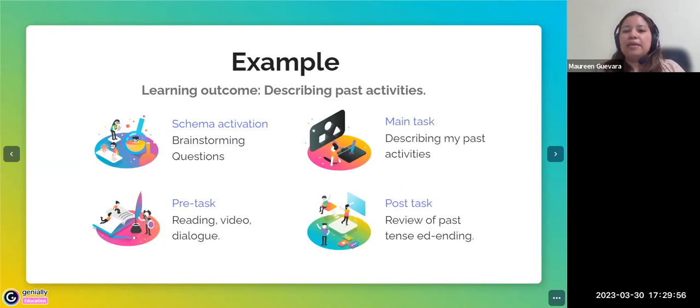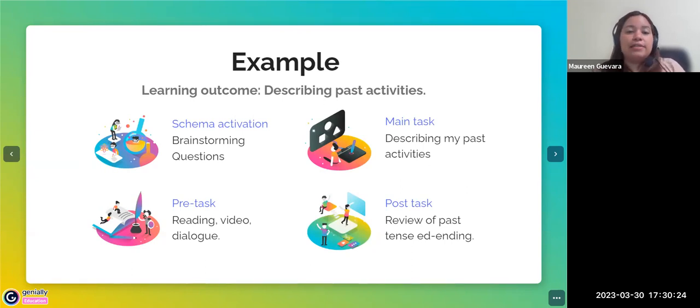So I really like my students to talk and to use the language, and they don't have to write anything or read anything, so that they can be more spontaneous and fluent. And finally, in the post-task, as teachers, most of the time we know what are the most difficult parts of the language.